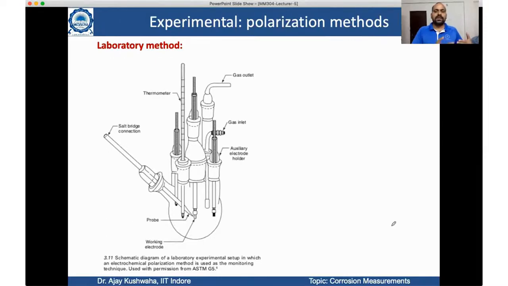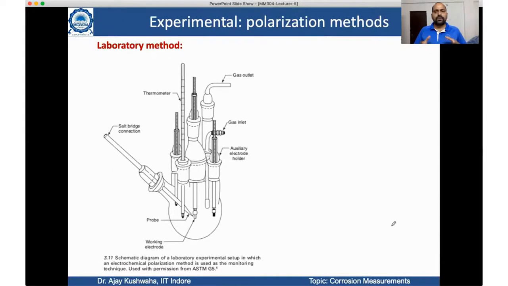We can say it's an anode. Typically we can also have some kind of gas inlet and outlet so that there is no oxidation of any species, or in case any oxygen is present there.